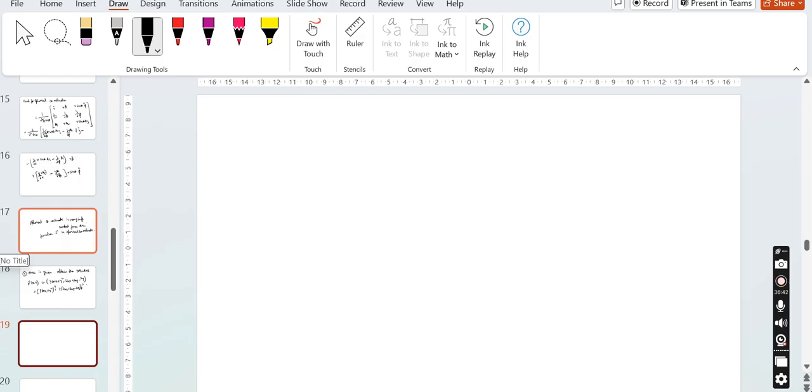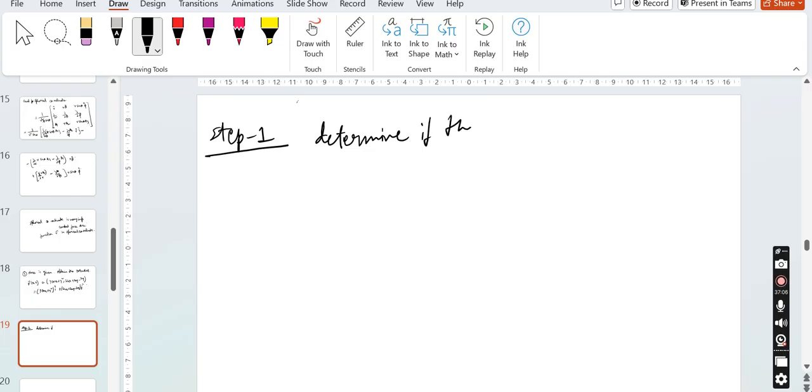But even if you don't face such a question in direct mechanics problems, you could get that in vector analysis and any other subject of physics. So first we need to, step 1, determine if the force is conservative or not.